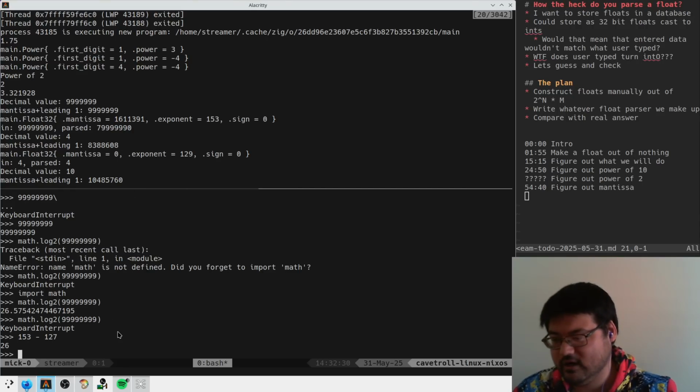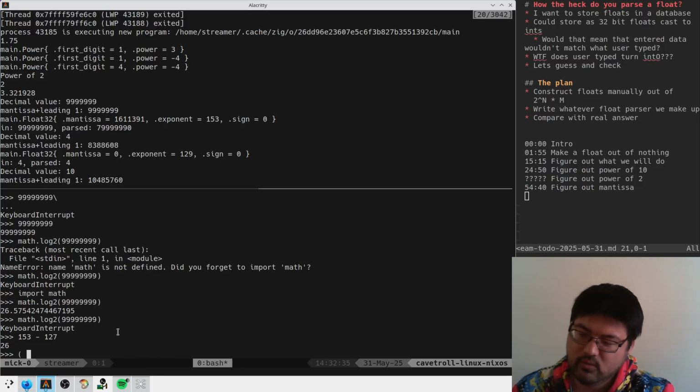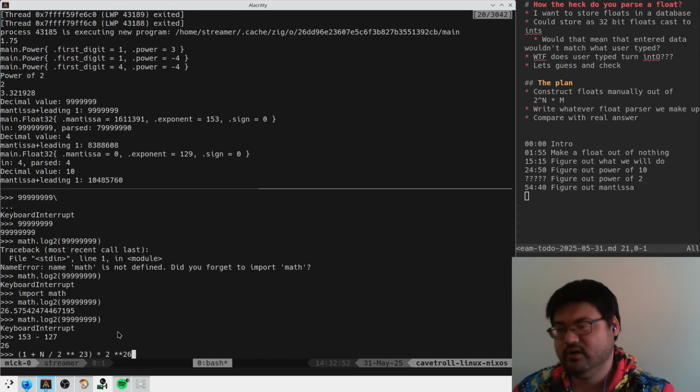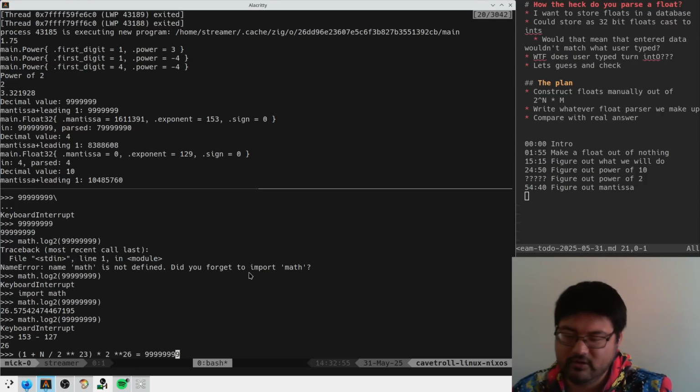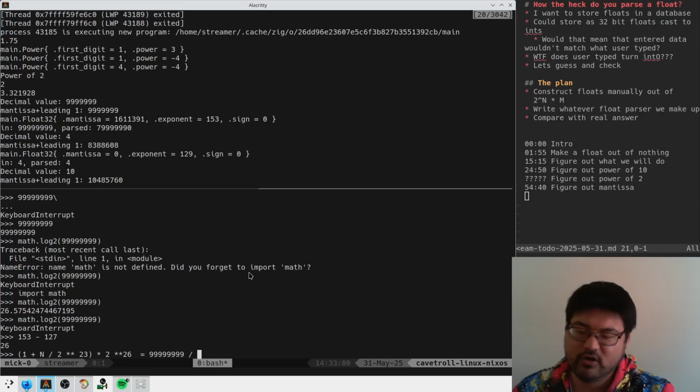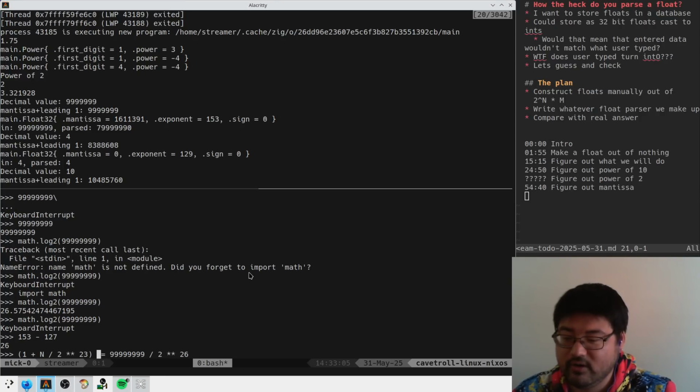So what are we expecting to get here? The algebra is 1 plus n over 2 to the 23, times 2 to the power of 26, is equal to this. This is the equation, right? Which means we go like this over 2 to the power of 26. Take this out.